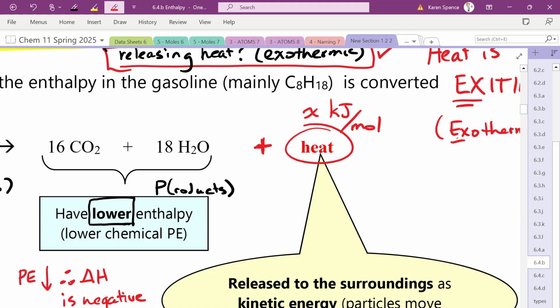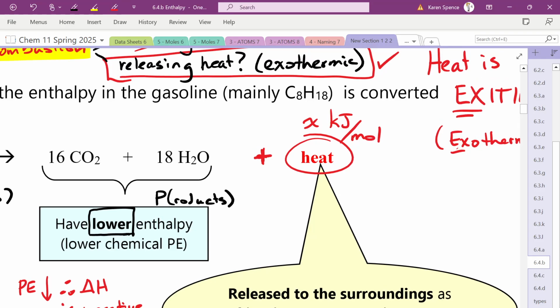That's because it is a product. Anytime I have a product, if I had CO2 and H2O, I would write CO2 plus H2O. I wouldn't write CO2 minus H2O because the reaction is producing H2O. So I'm not sure I'm phrasing this very well.